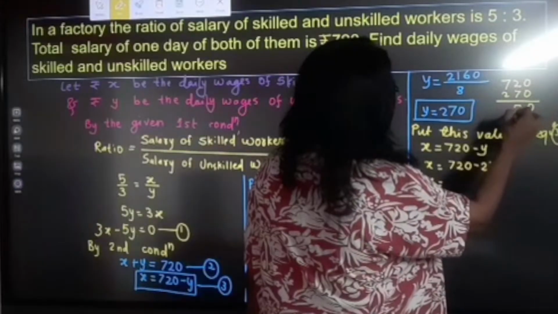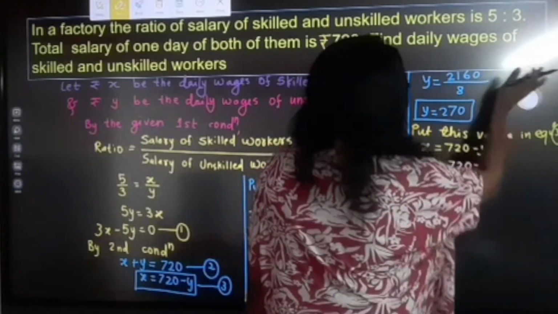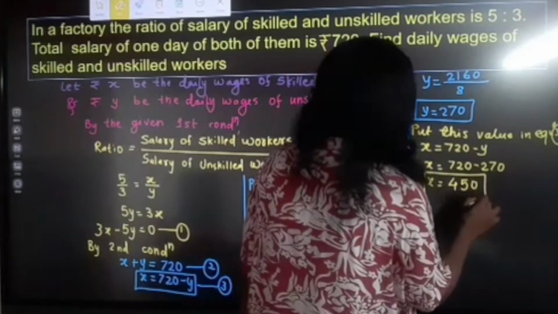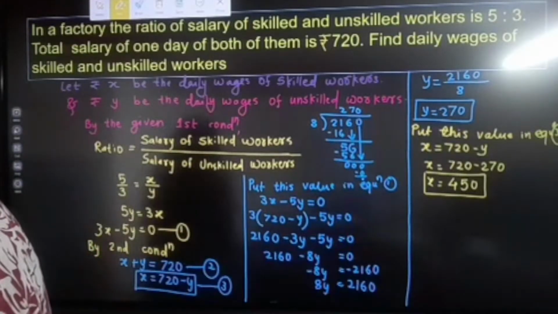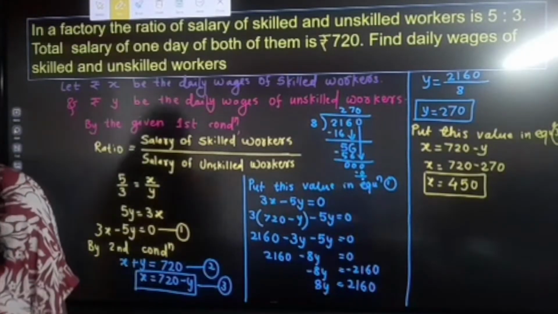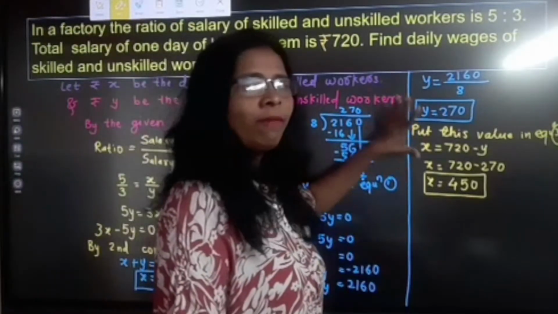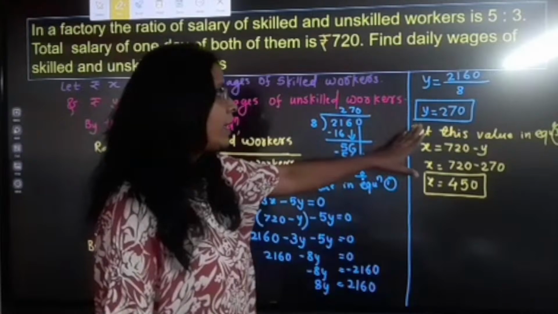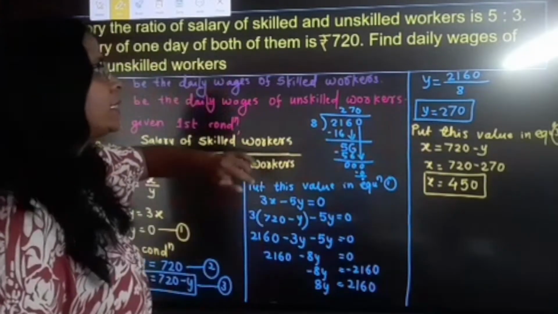So here 5, then 5, 450. So x is equal to 450. So now, students, we get the values of the variables we considered: x is equal to 450 and y is equal to 270.